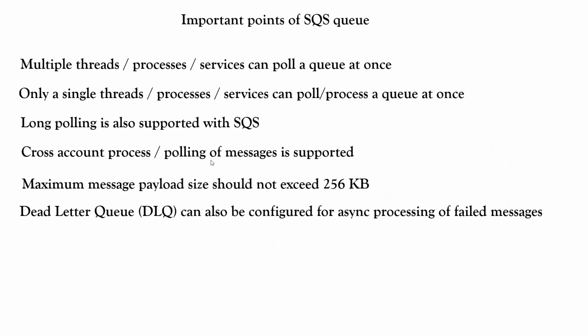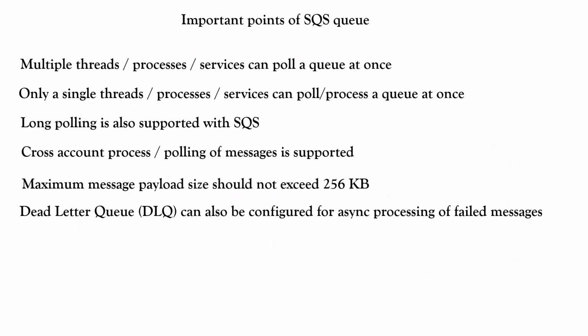Cross account polling of messages is supported. As we discussed, let's reiterate our example of the e-commerce application where the order collection API services are hosted in one EC2 instance, in a single AWS account.